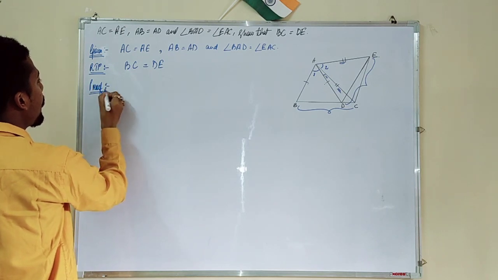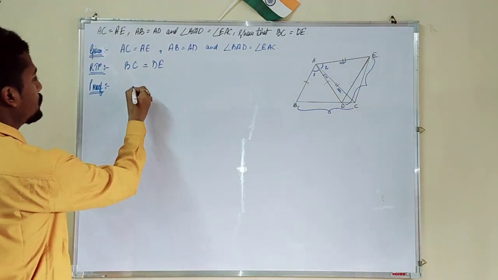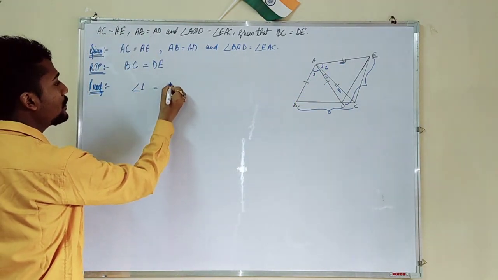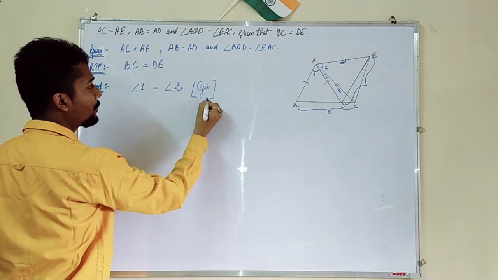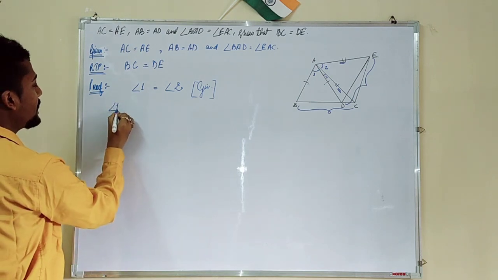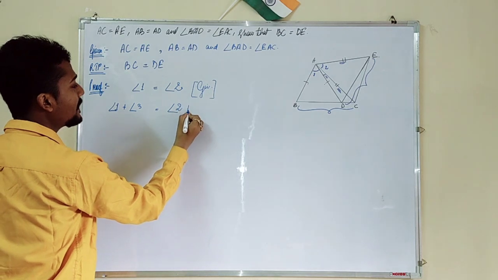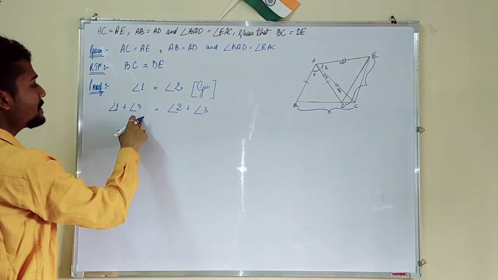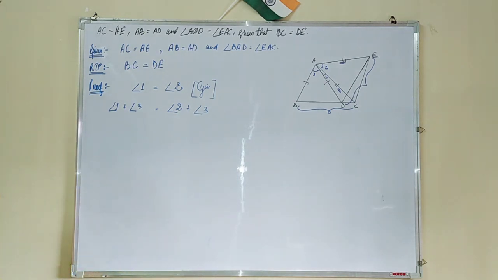Angle 1 is equal to angle 2. It is given, isn't it? If I add angle 3 on both sides, that means can I write angle 1 plus 3 is equal to angle 2 plus 3? Both will be equal. Yes or no?